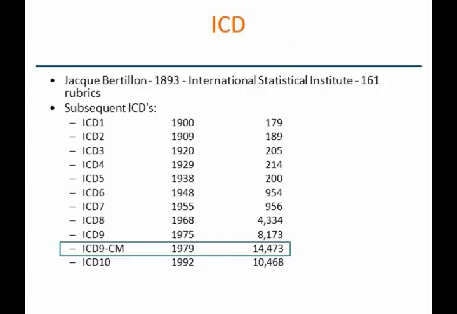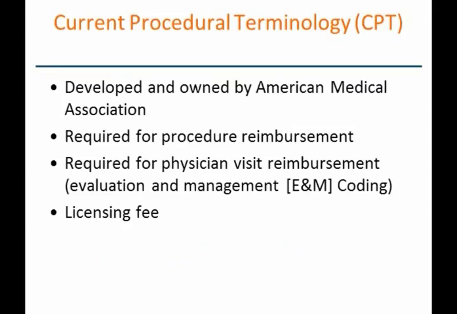There were 179 terms that were in the hierarchy. Now there are over 10,000. There are new discoveries all the time, and the terminologies must take this into account. So they're constantly being updated.